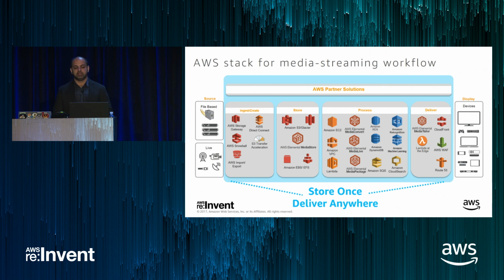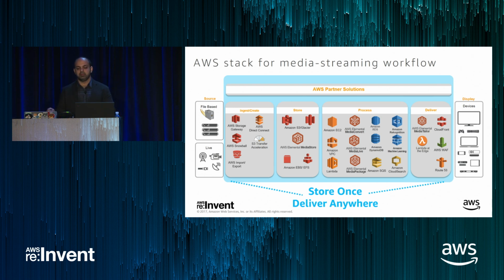We also launched three additional services for media processing: AWS Elemental MediaConvert, that we'll talk about in much more detail in a little bit, AWS Elemental MediaLive for live streaming workflows, and AWS Elemental MediaPackage for packaging of the content.